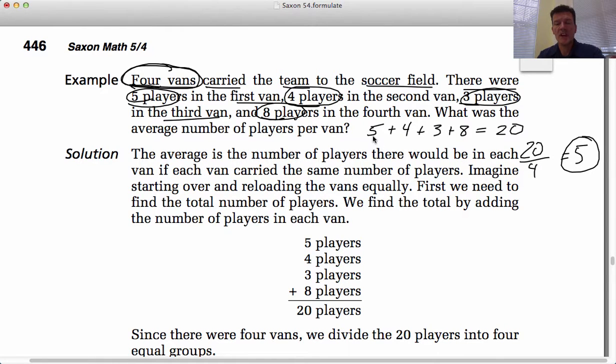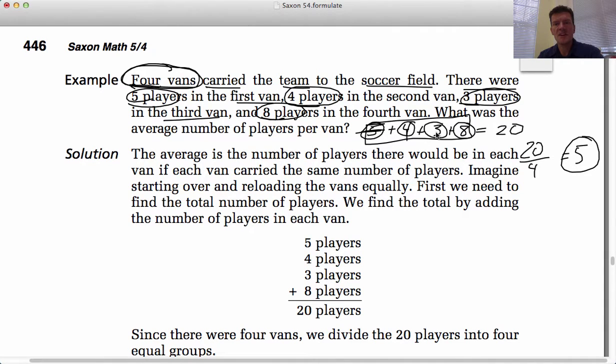Notice here, you can kind of look at the numbers in each van. So you've got 5, here's 4, which is a little bit less than 5, here's 3, which is a little bit less than 5, here's 8, which is greater than 5. So you can kind of see that 5 is right kind of in the middle. Middle is not a good term to use, but it's kind of right in the central area of all 4 of these numbers.